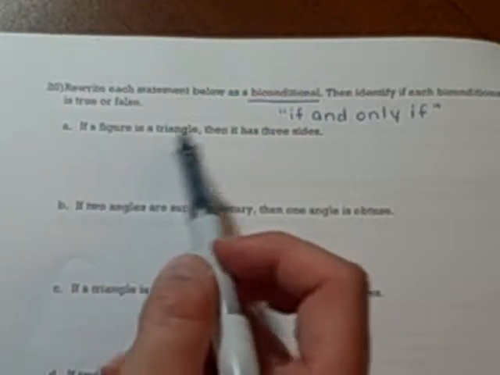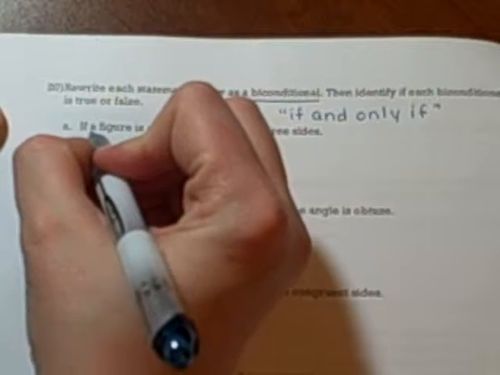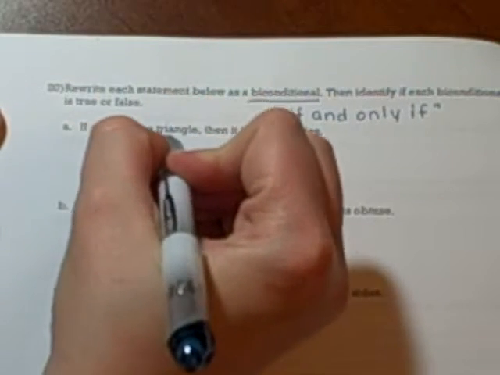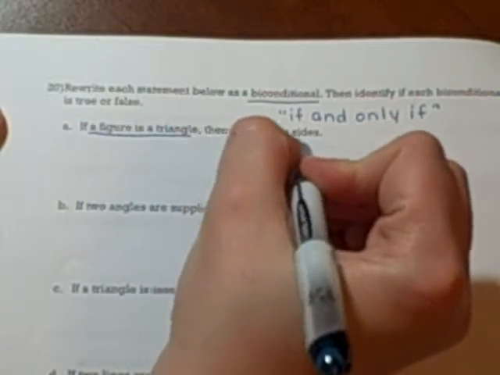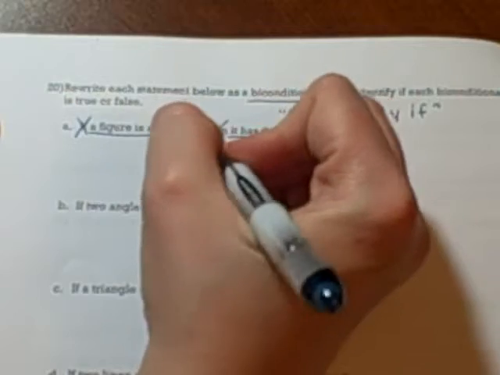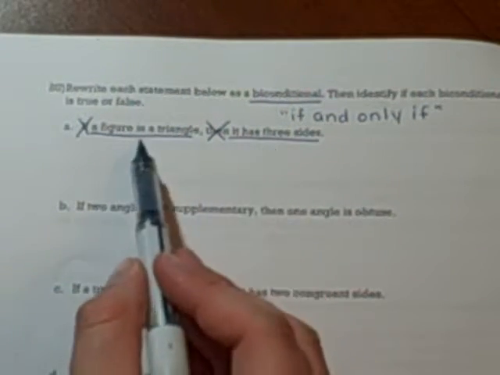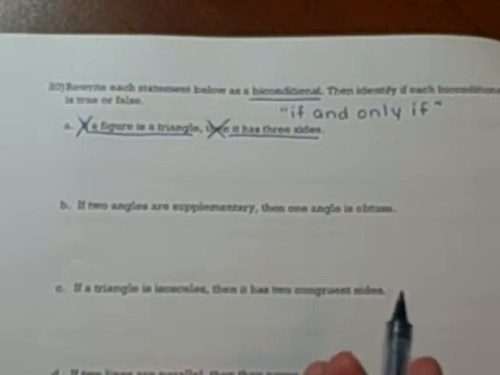It says, if a figure is a triangle, then it has 3 sides. I would probably start by identifying my hypothesis and my conclusion in the statement the way that it is right now. Okay? Then I would cross off my "if" and my "then," and I'm just going to string these 2 chunks together with "if and only if" in the middle.